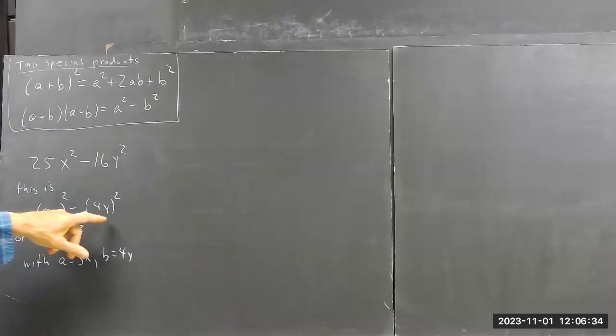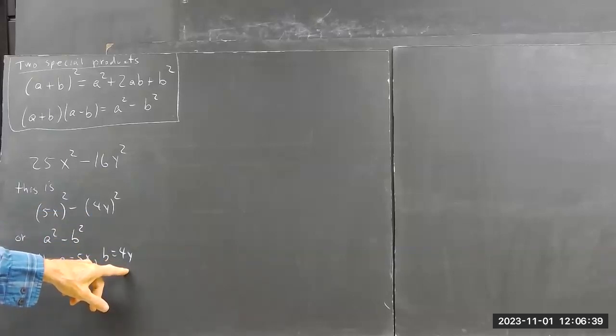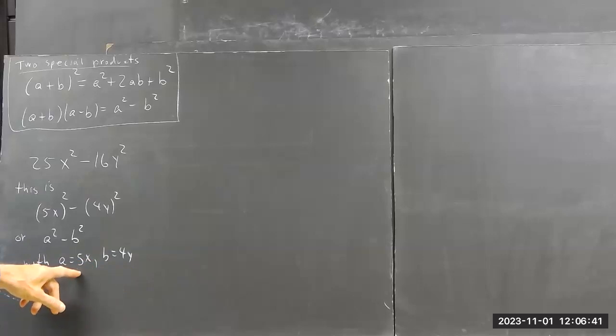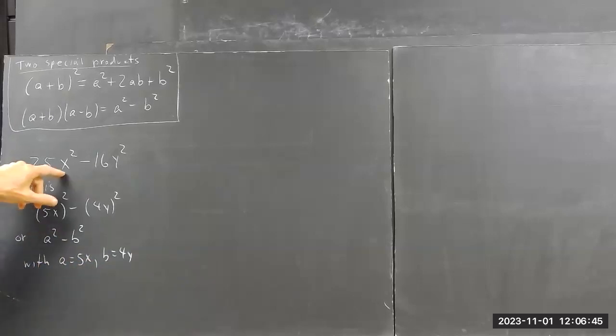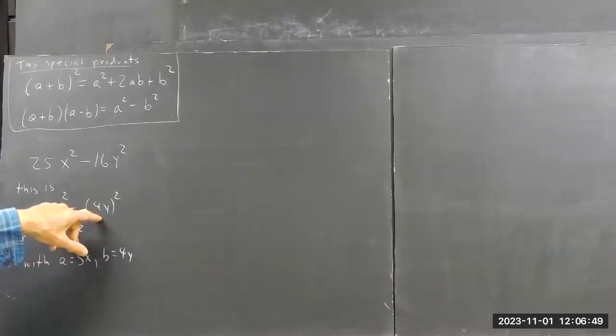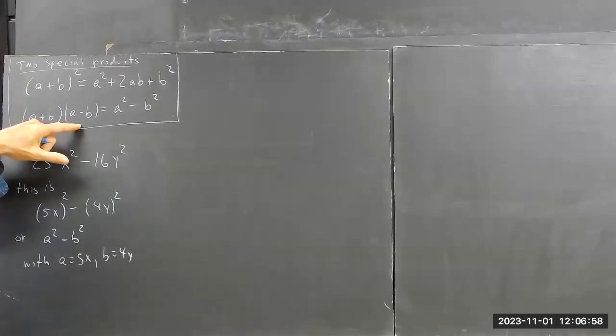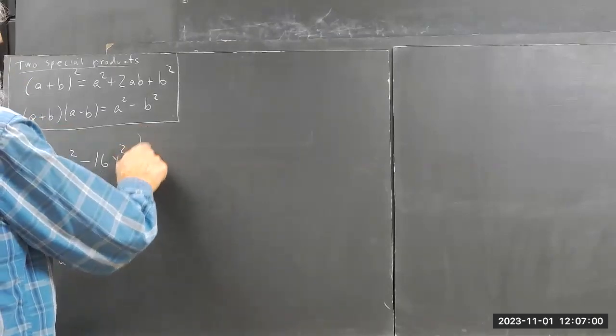This is an a squared minus b squared if a is 5x and b is 4y. If a is 5x, then a squared is the square of 5x, which is 25x squared. If b is 4y, then b squared is the square of 4y, which is 16y squared. We have the minus sign joining these. And that's just one example of how this product might be applied.